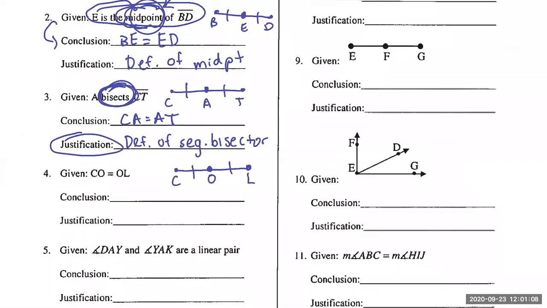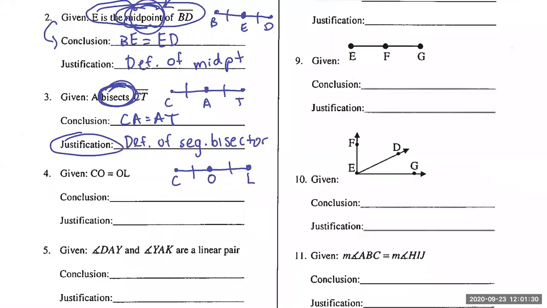So for 4, you are given CO is equal to OL. What's your conclusion? I want to point out something in the chat.